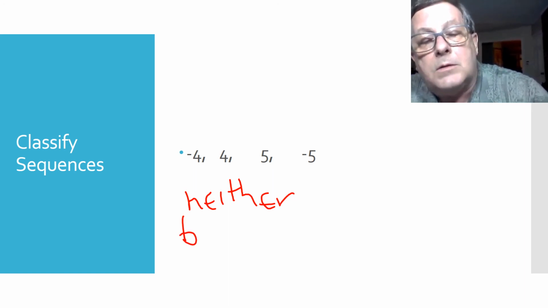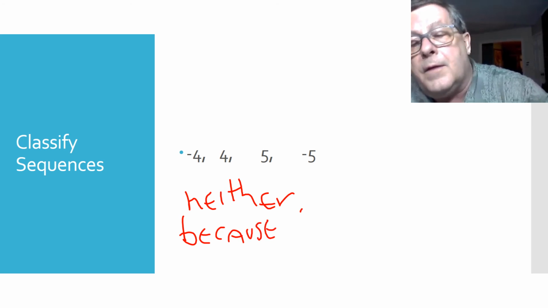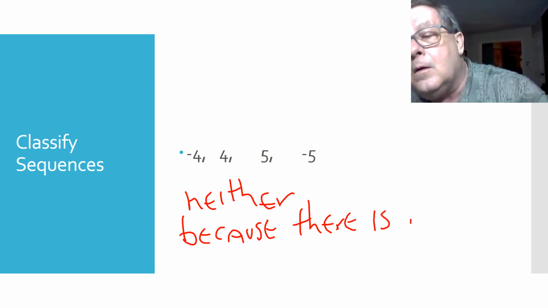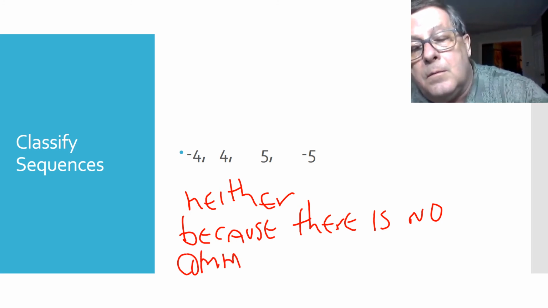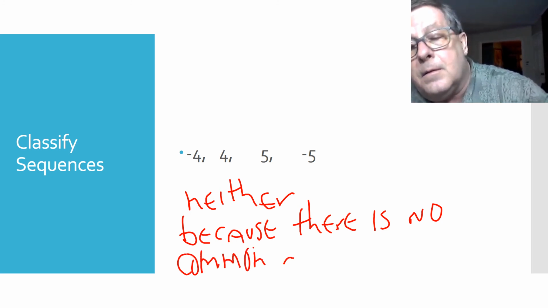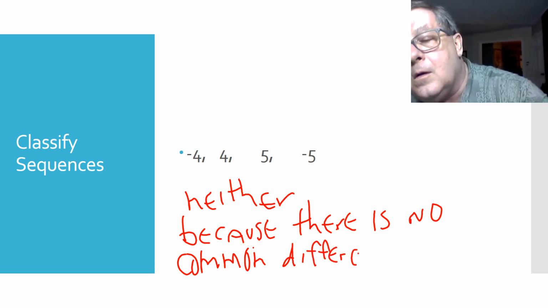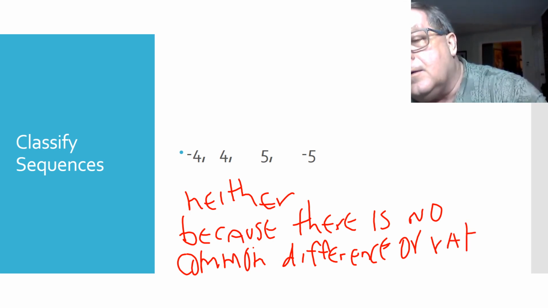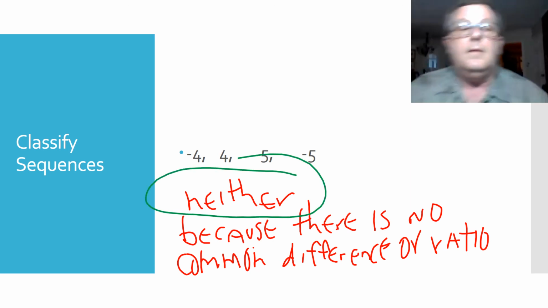And that's because there is no common difference, meaning it's not an arithmetic, or a common ratio, geometric. So it's a big fat neither.